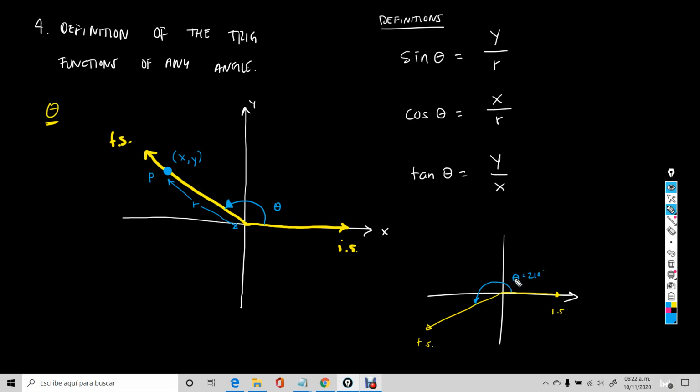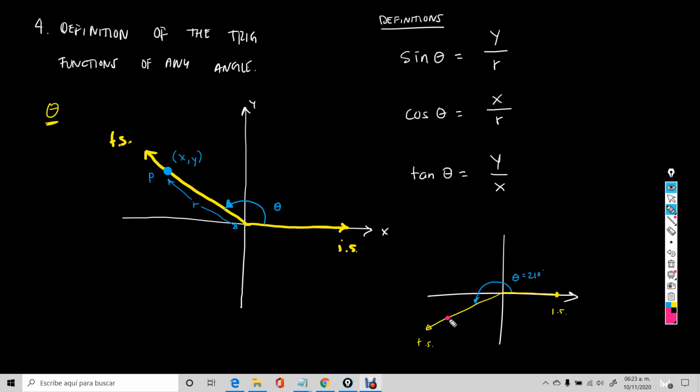And all you need to do to get the sine of 210, the cosine of 210, and the tangent of 210 degrees, you have to do this. One more time, let's do it. You draw the angle in standard position. Next, you choose any point. It doesn't matter what point, any point over its terminal side.